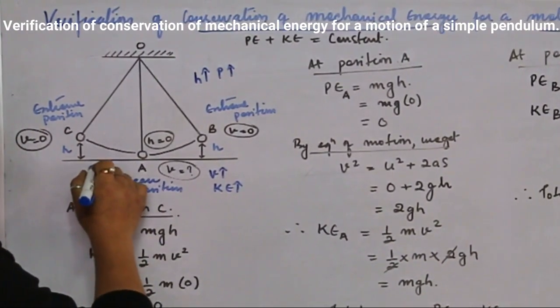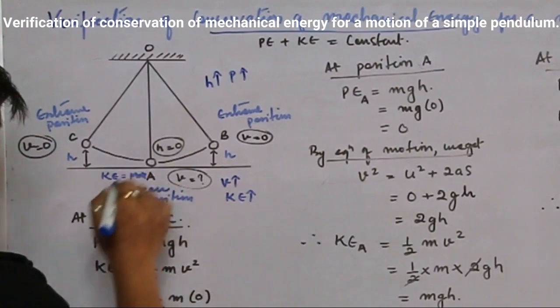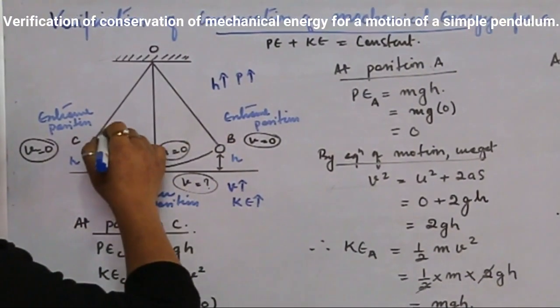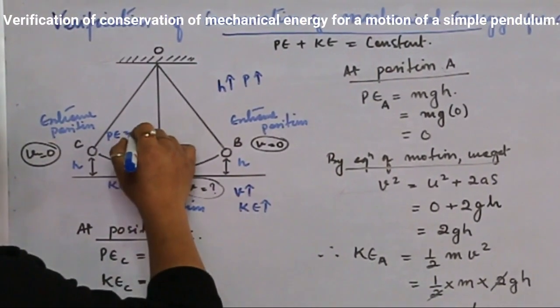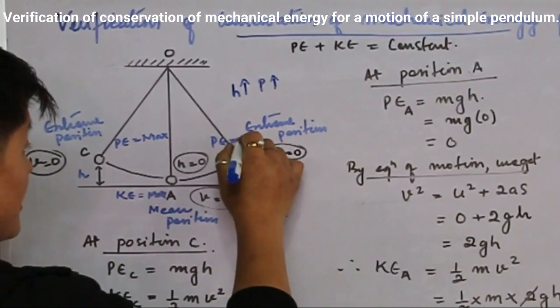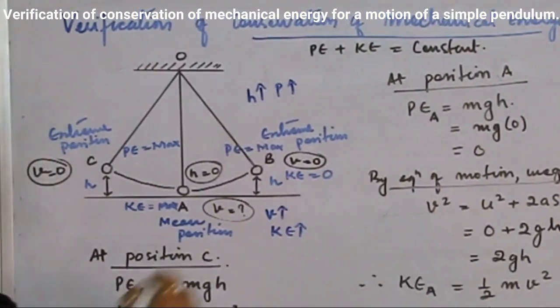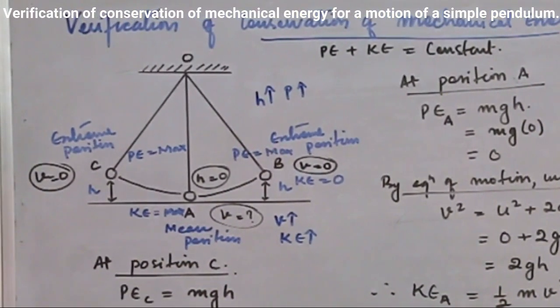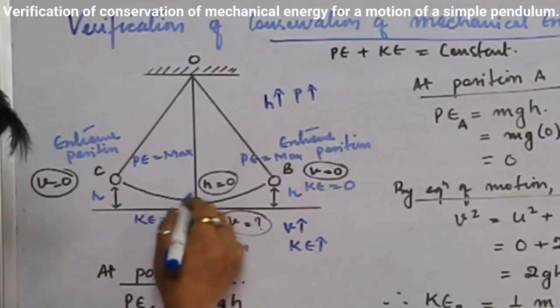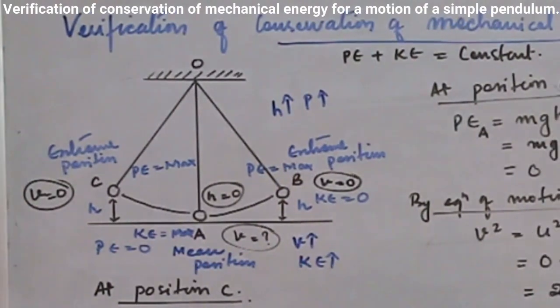So at A, kinetic energy is maximum. And at C and B, potential energy is maximum. And here kinetic energy is 0 since the body is at rest, no speed. Here, since the height is 0, potential energy is equal to 0.